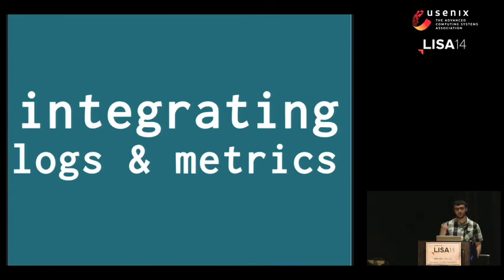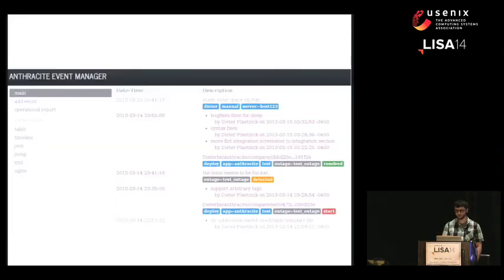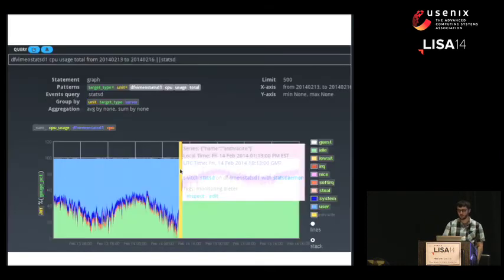I also like to think about how we can do a better job at integrating logs and metrics. In the simple case, this is something we already have. We have all our important events stored in Elasticsearch, and we use the Anthracite application for that. Another thing you can do in Graph Explorer is, whenever you're plotting a query of your time series metrics, you can also execute a search.